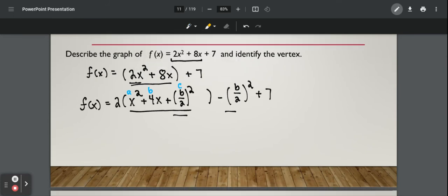So when we're adding that in, we're going to say f of x equals 2 times x squared plus 4x plus 4 over 2 squared minus 4 over 2 squared. So that way we just keep it the same, plus 7.